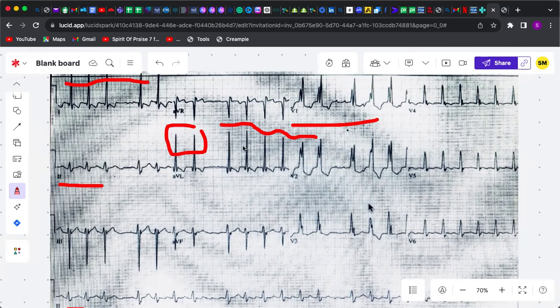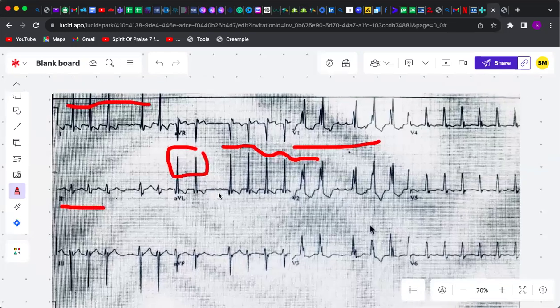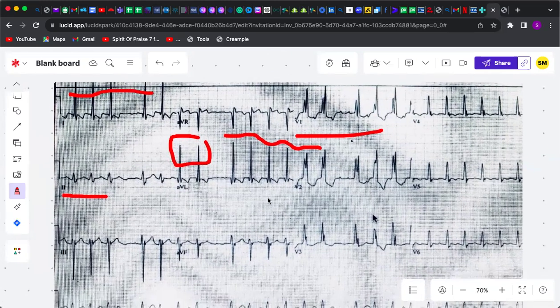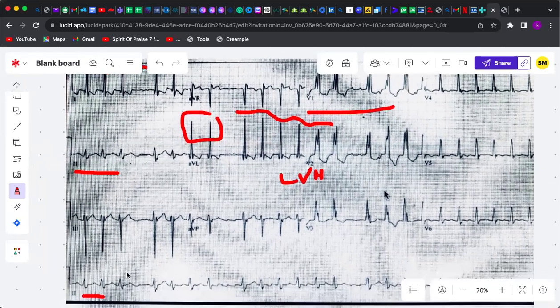There's left ventricular hypertrophy going on, yeah? Left ventricular hypertrophy. That is going to be the first diagnosis, the first finding, LVH, right?